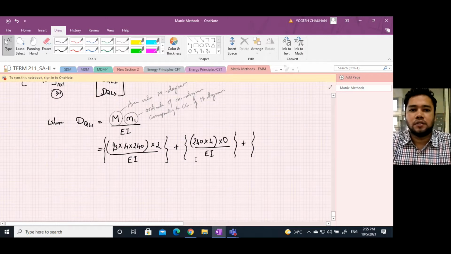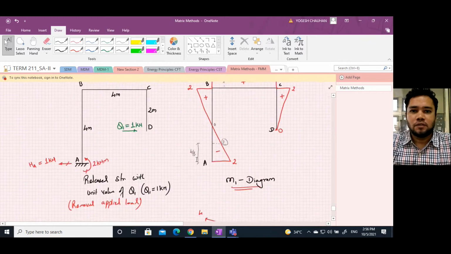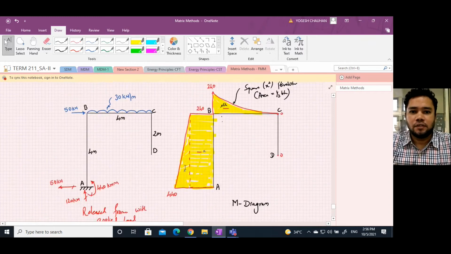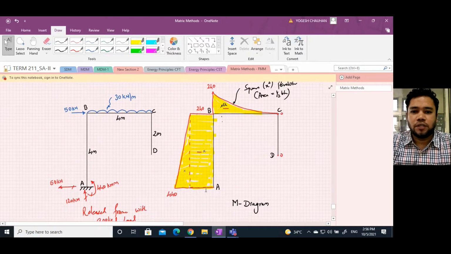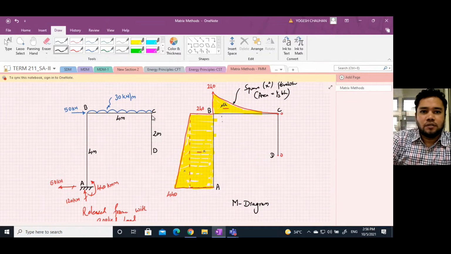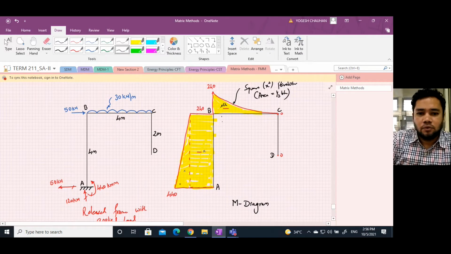Then the third, this is a triangle, so 1 by 2 base into height. Now this was 240, total is 440, so this will be 200. This will be 200 and this will be 240.